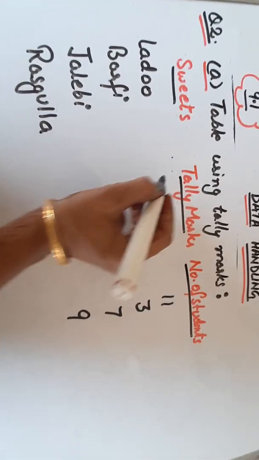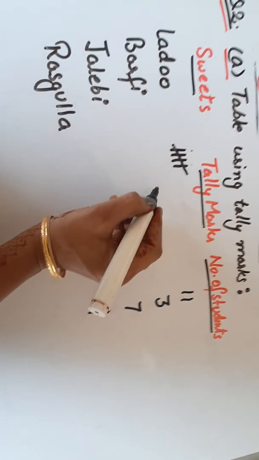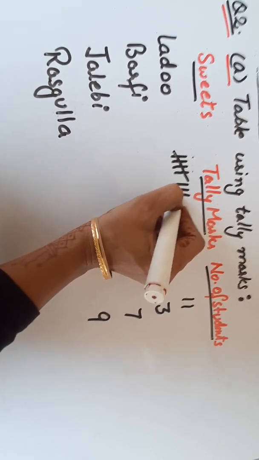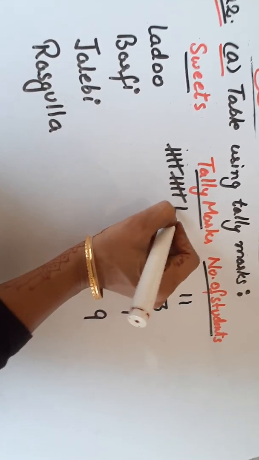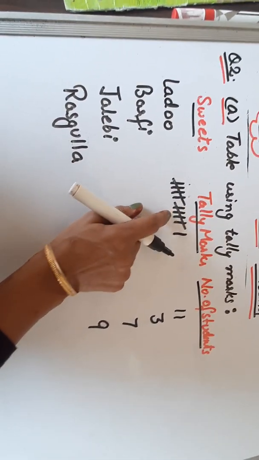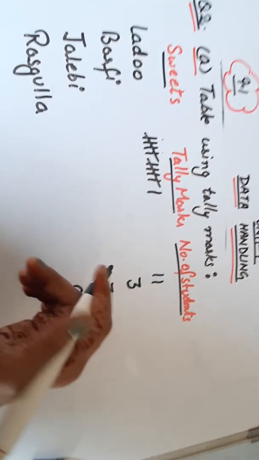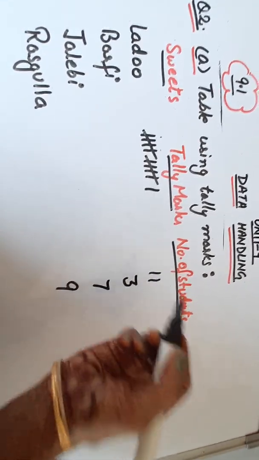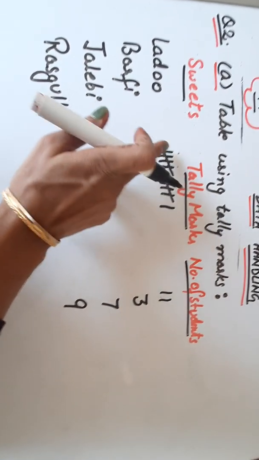So now let us make the tally marks for 11. 1, 2, 3, 4, number 5 shuts the door. 6, 7, 8, 9, 10 will cut the line. Then 11. जो भी 5 के मल्टीपल्स होंगे like 5, 10, 15, 20, उनके लिए बेटा you have to make the slanting line.